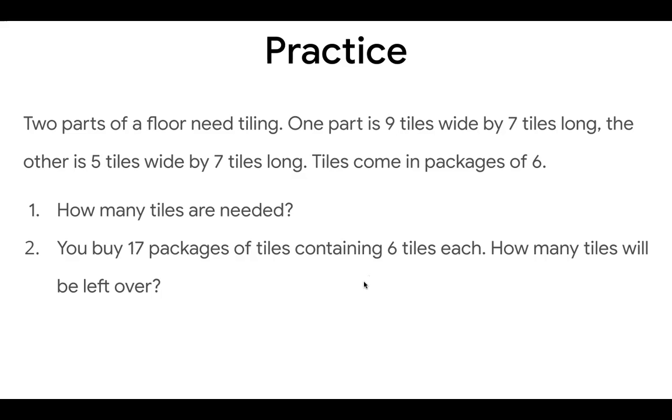So the first question is, overall, how many tiles we need? So our floor consists of 2 parts, and we have the dimensions ready. So we need to sum up the dimensions, multiply the dimensions to get the area, right?